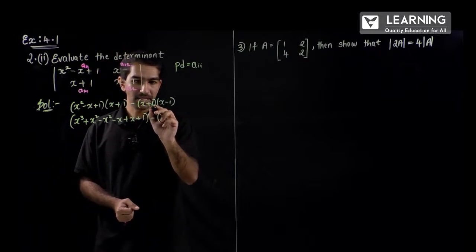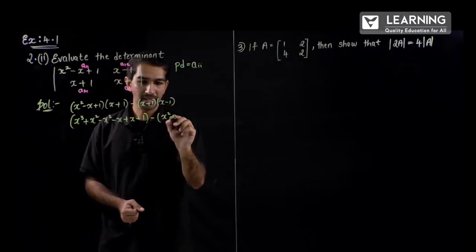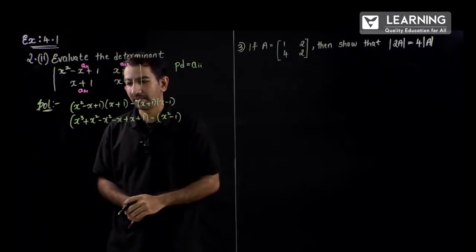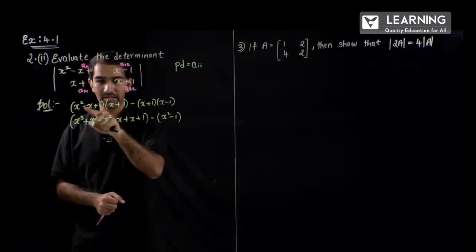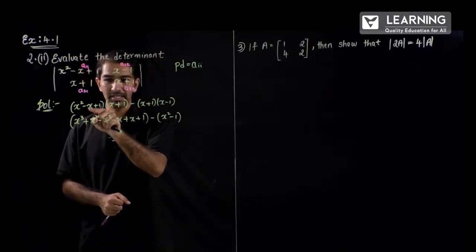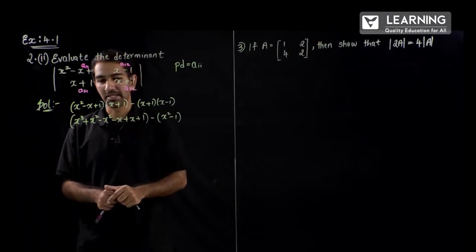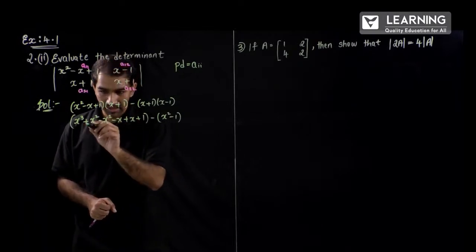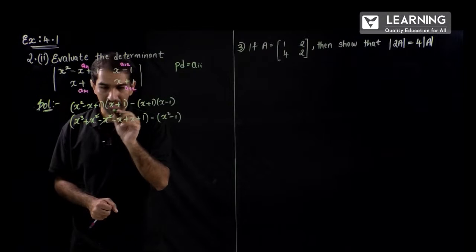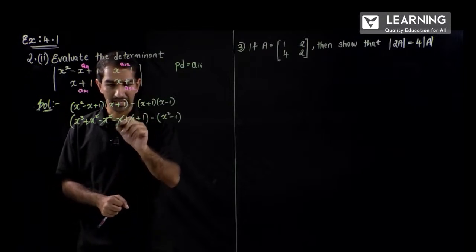Minus, (a plus b) into (a minus b) is nothing but a square minus b square. Correct? Each and every element we are multiplying with both the elements here. Simplifying this further, plus x square minus x square gets cancelled, plus x minus x gets cancelled.